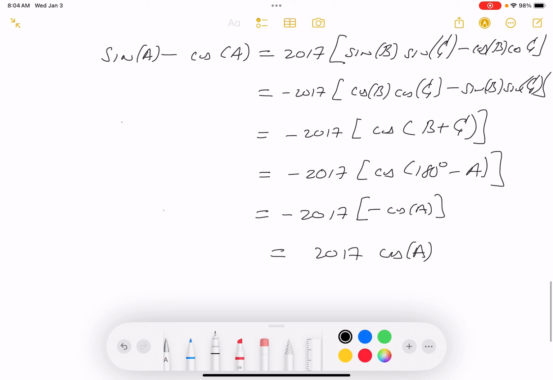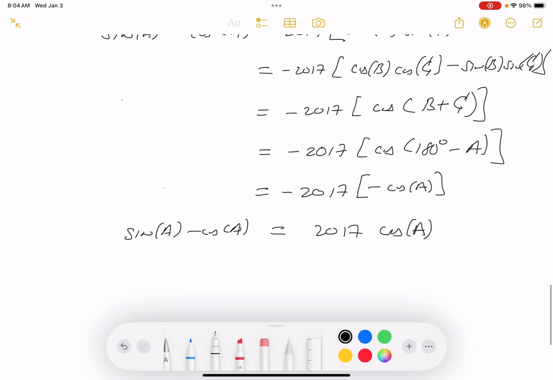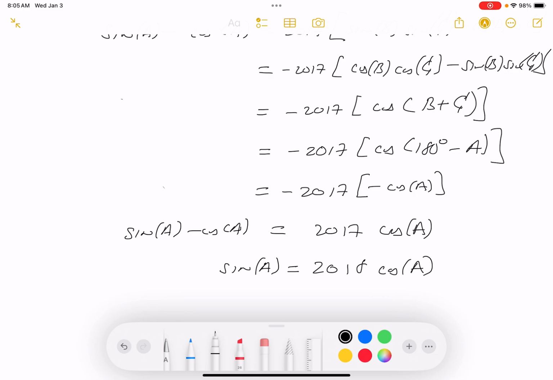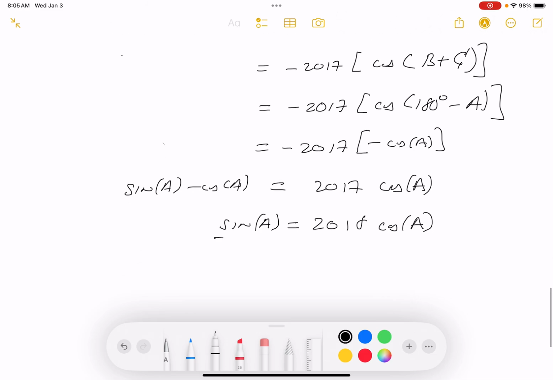And let me write down what this is equal to. So this is actually the same thing as sine of A minus the cosine of A. So I'm going to say the sine of A is equal to 2018 cosine of A. Then I'm going to divide both sides by sine of A. I'm sorry, by cosine of A. And this will be equal to the tangent of A. I think I have it now.